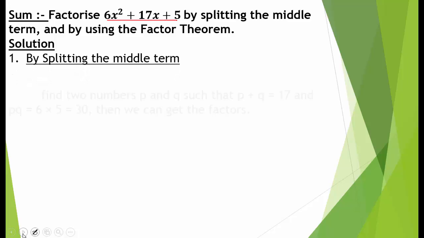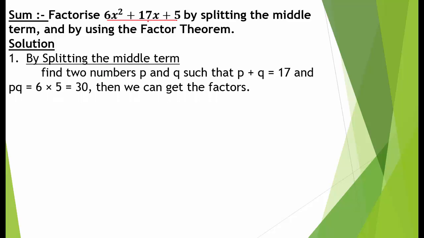In this method we find two numbers, say p and q, whose sum will be this 17, meaning the coefficient of x, and whose product will be equal to the product of the coefficient of x square and the constant term. Find two numbers p and q such that p plus q should be 17 and pq should be 30.